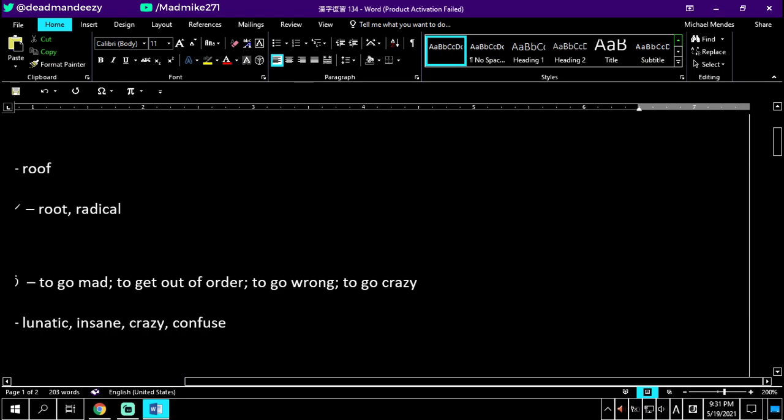Number 2 is to go mad or to get out of order. That's when a dog is made the ruler. Kuru, kurui. Let me look up the conjugation for that one real quick. I think it's kuruimasu.